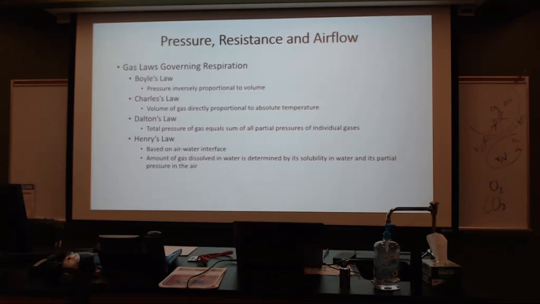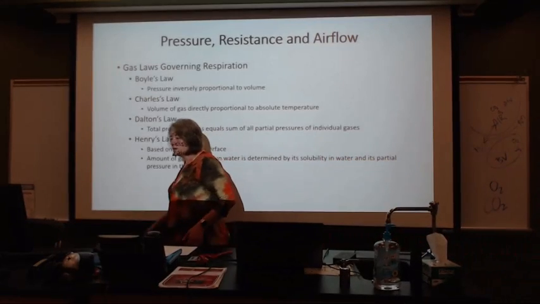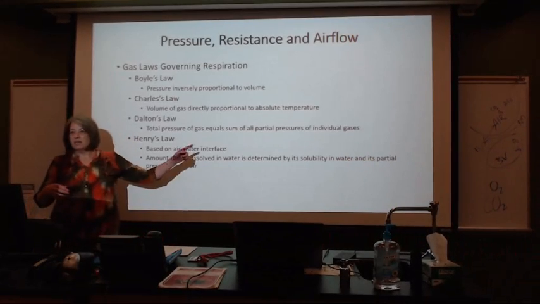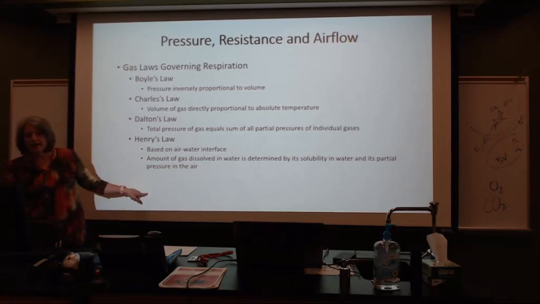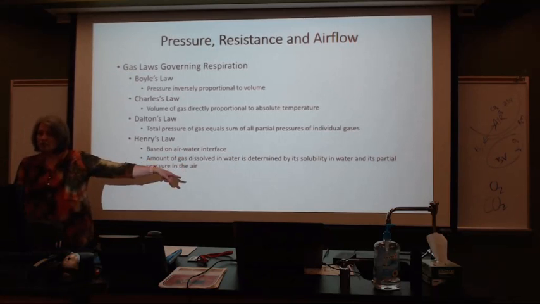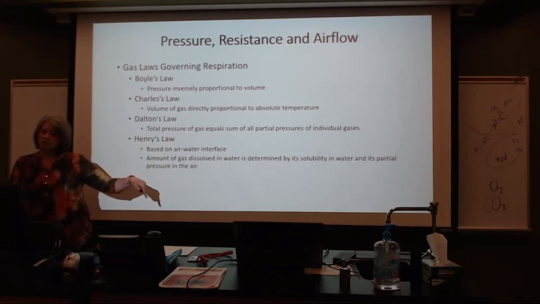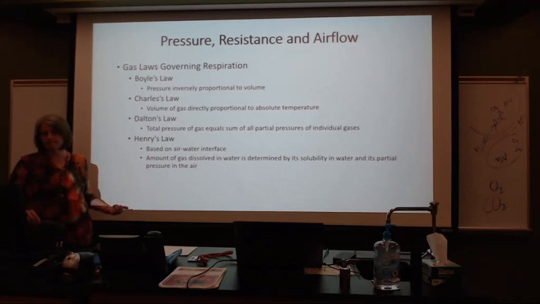So CO2 is going to dissolve more easily. So Henry states that based on this air-water interface, it is going to affect the pressures of my gases based on their ability to dissolve in water.